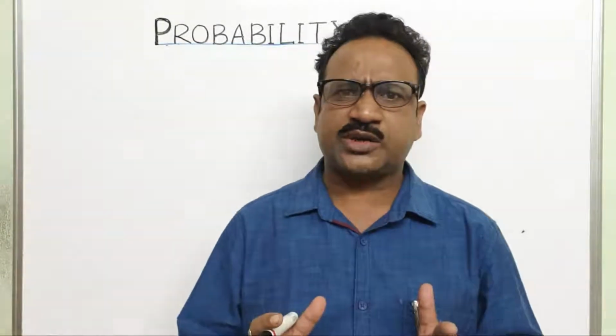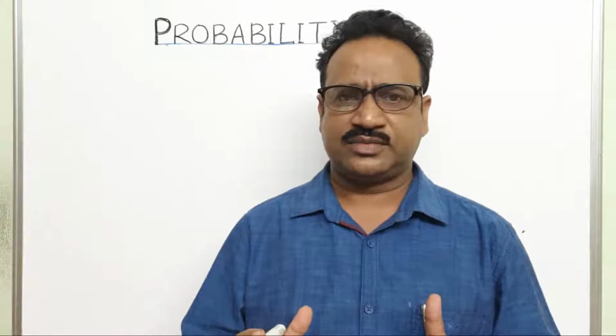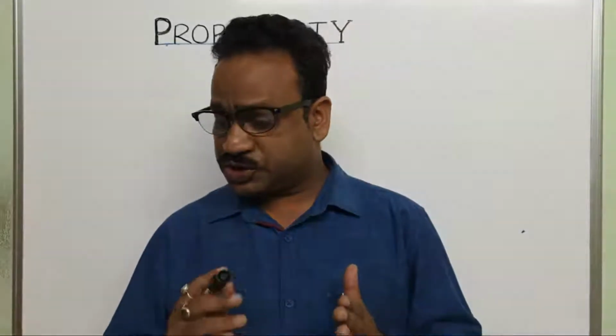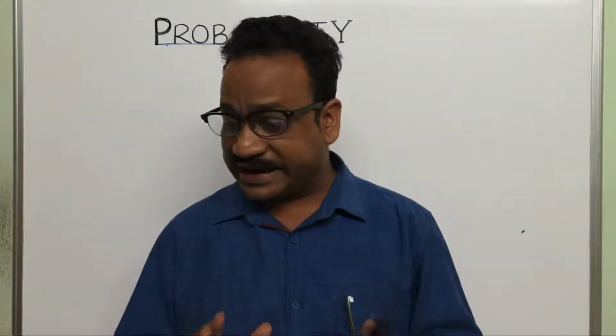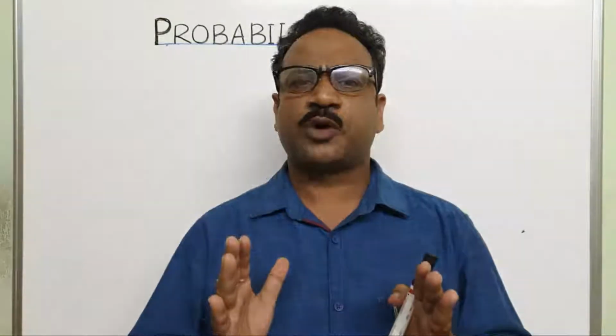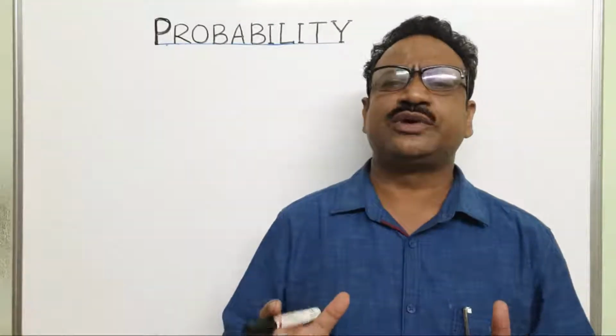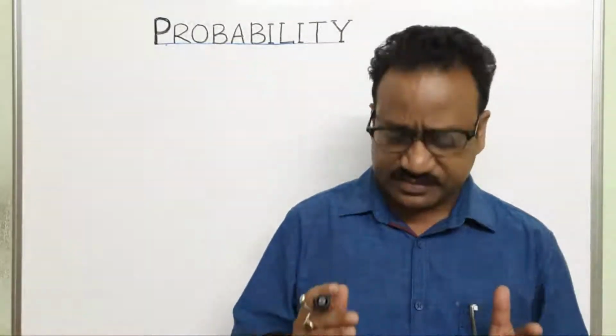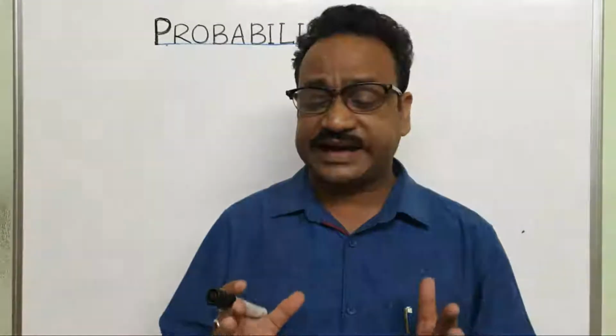So, no deletion in the chapter probability for the board examination 2021. Just see the video till the end to get the complete idea about probability. First of all, what probability are we reading in class 9 and class 10?